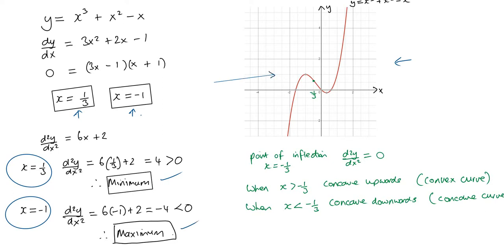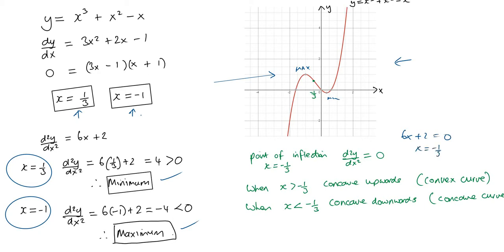We've got a maximum here and a minimum, and in between the two of them we have something called a point of inflection. Our point of inflection is when d2y by dx squared is equal to naught, and that has come from 6x plus 2 equals naught, so x equals minus a third.